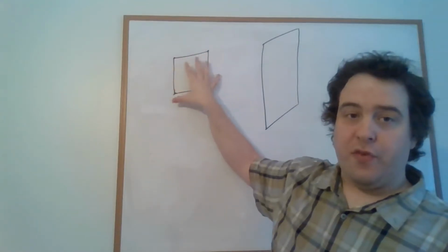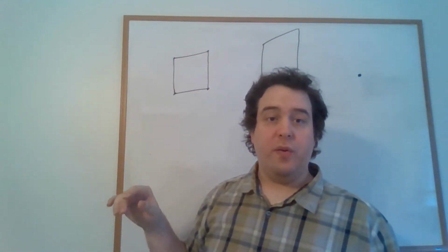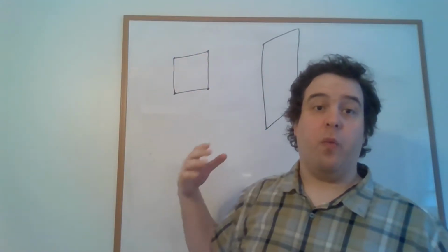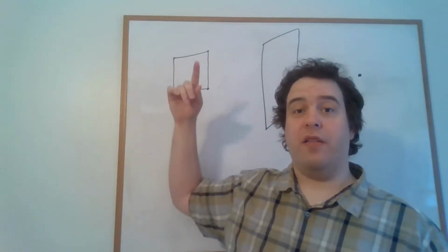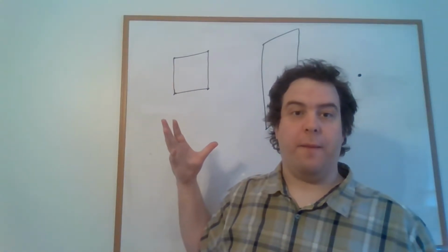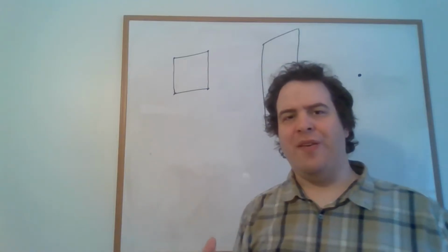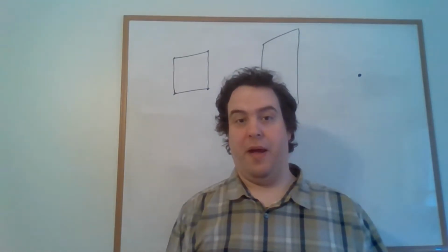So we have some sort of square, and what we want to do is work out where on the screen to draw the various vertices of the square. And the way we do this is very similar to the way that an artist might.